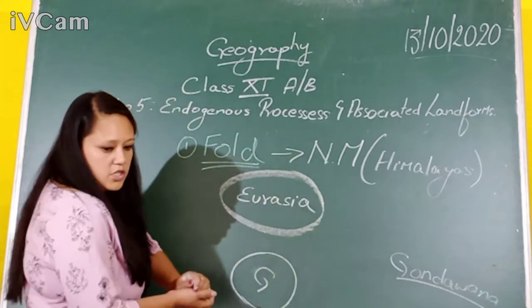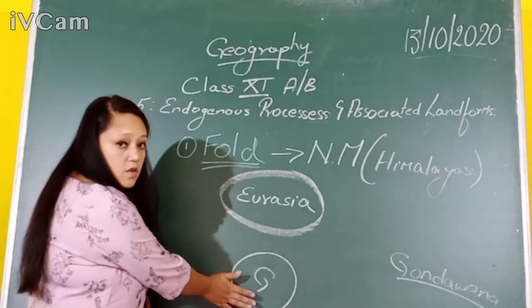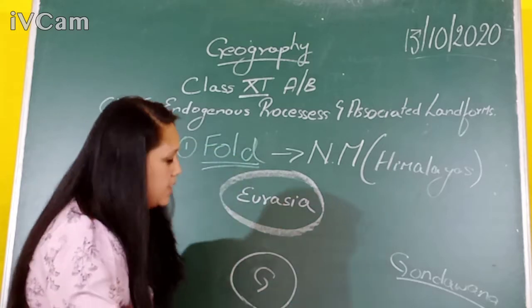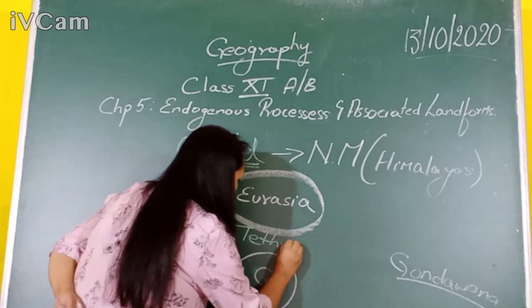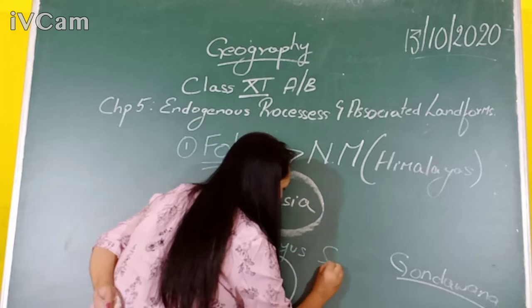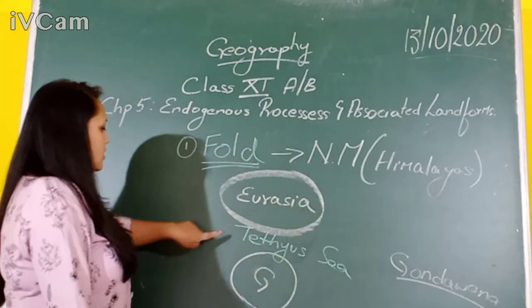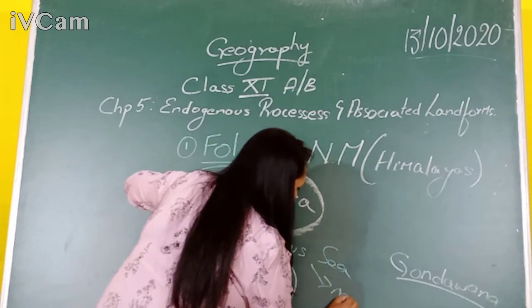Eurasia was on top and Gondwana was down. In between was the Tethys Sea.